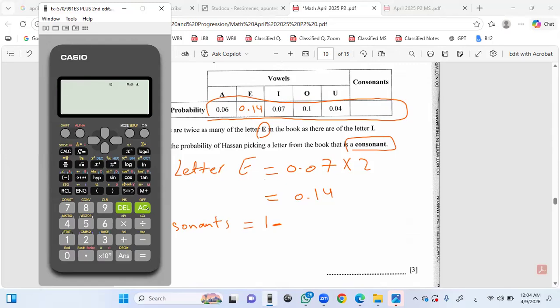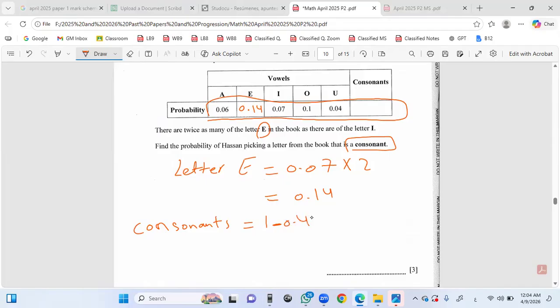It's paper 2, so 0.06 plus 0.14 plus 0.07 plus 0.1 plus 0.04 equals 0.41. So you're going to find on the calculator or mentally that this is 0.59. So the probability of Hassan picking a letter from the book that is a consonant is 0.59.